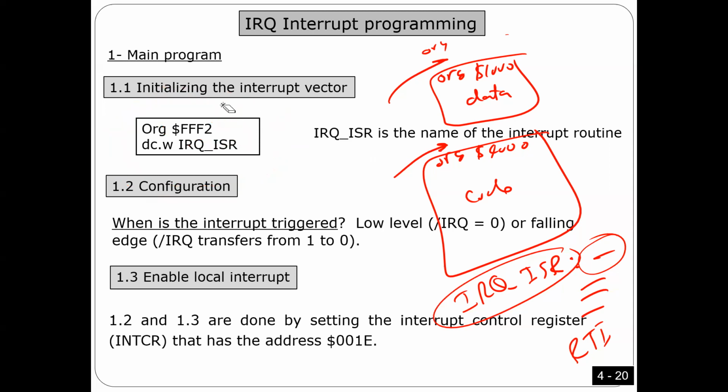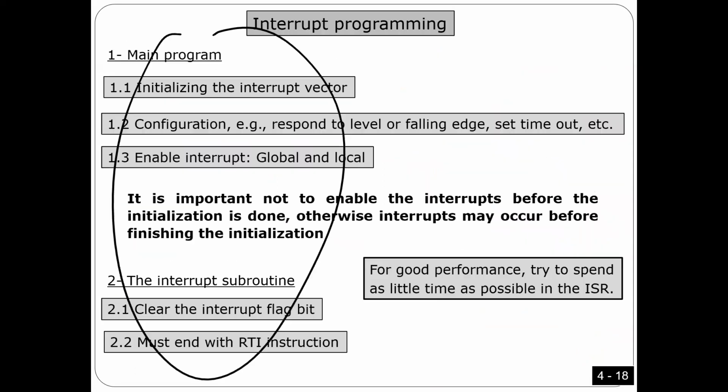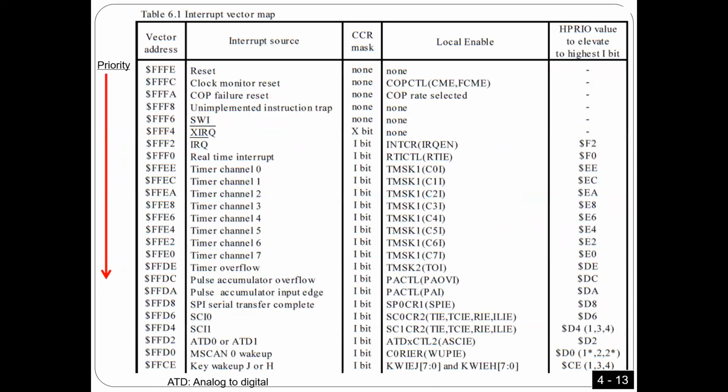When I talk about any other interrupt source, I'm going to repeat this again. The only difference is I'm going to use a different number. So how did you come up with these numbers from the table here? For IRQ, I'm going to take this one. When the time comes and I talk about RTI, I'm going to select this one. That's it, because this is how it is designed.